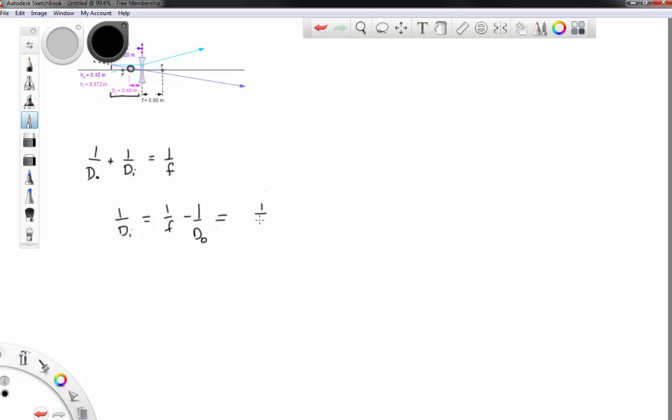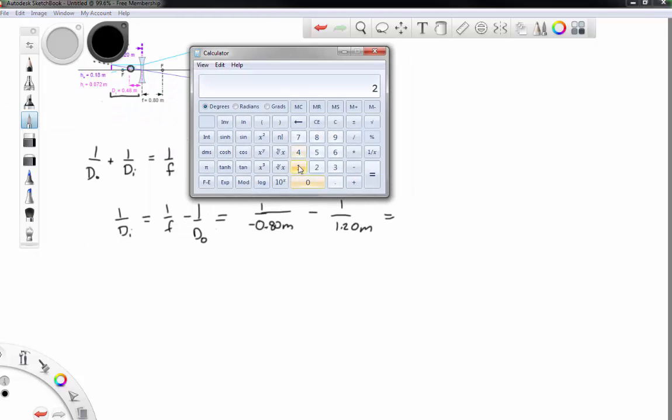So that's 1 over, okay, recall that the focal length is 0.80 meters. But since it's a concave lens, this is actually a negative. Okay, and that's going to be minus 1 over, and this was 1.20 meters. So we should plug those into our calculator. 0.8, it's got to be negative.